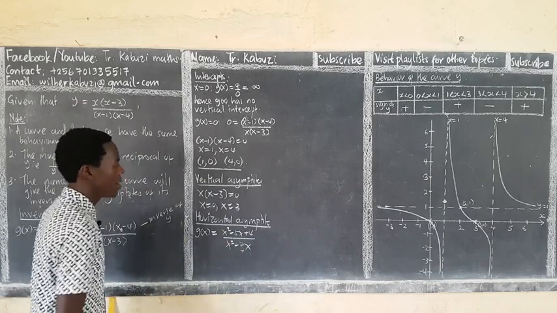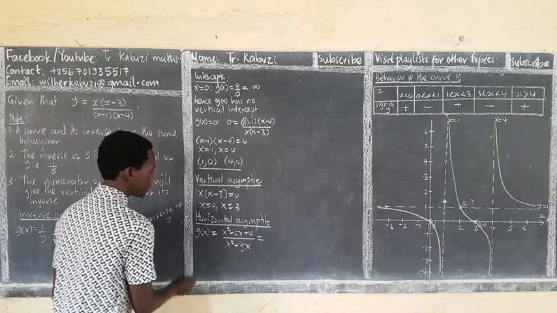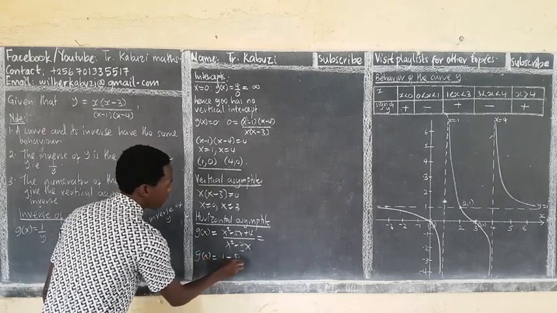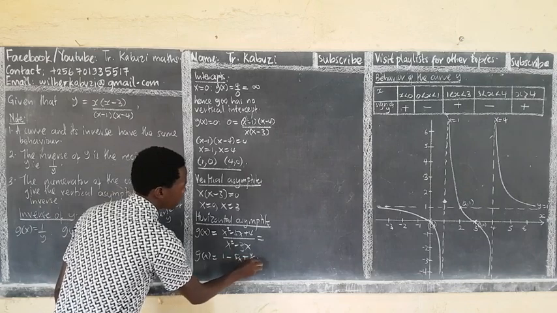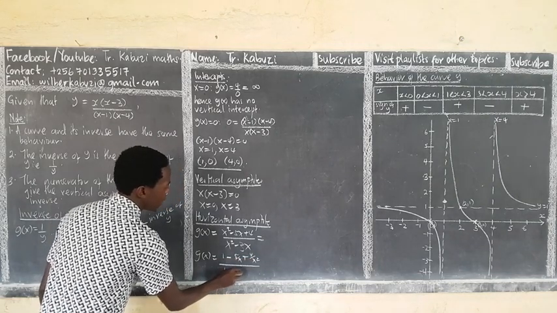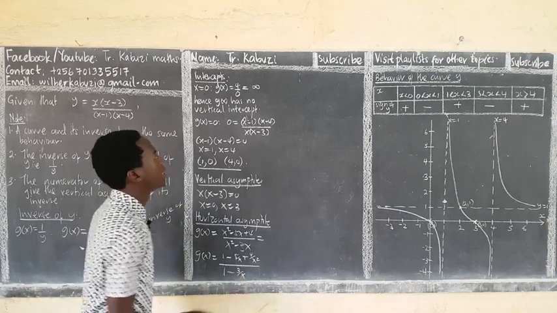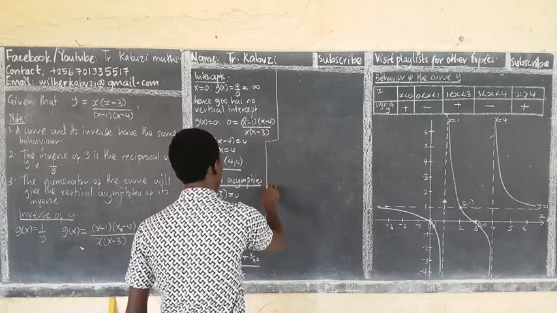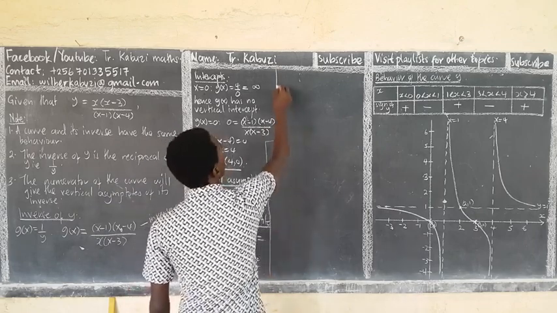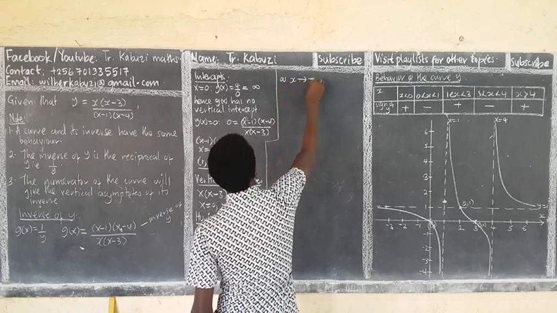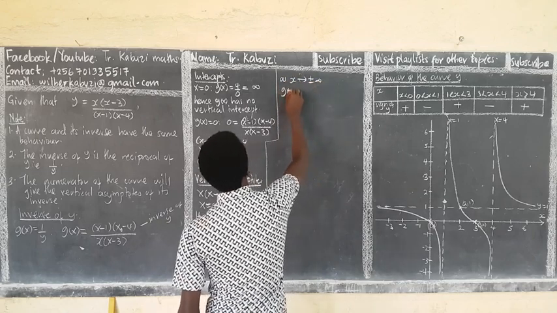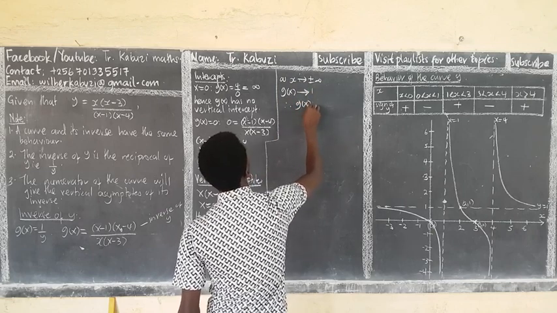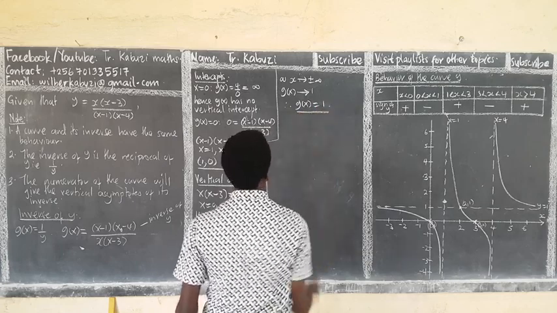I divide through by the highest power, which gives me g of x equals 1 minus 5 over x plus 4 over x squared, the whole over 1 minus 3 over x. So now as x tends to plus or minus infinity, my g of x will tend to 1, and therefore our horizontal asymptote becomes 1.